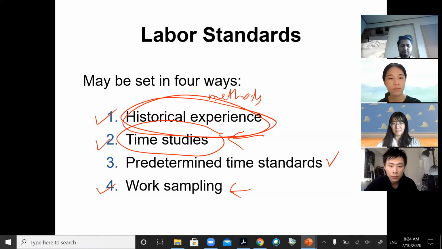How long does it take for you to set up for today's class, from opening the computer, switching on the computer, until you get connected to Zoom? Okay, Jacob, how long? 5 minutes, 10 minutes. So that is based on your experience.